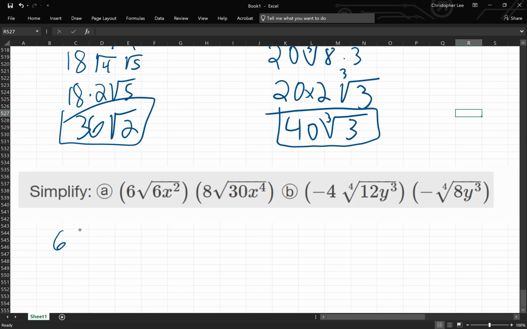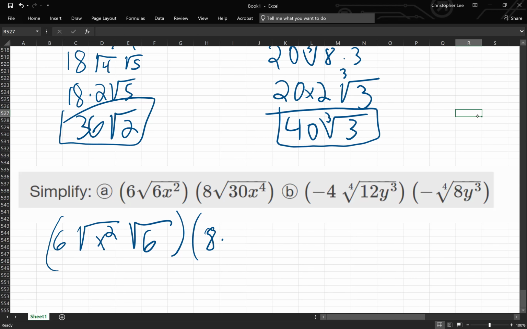So this would be 6 square root of x squared, square root 6. Hold on. So break it down.